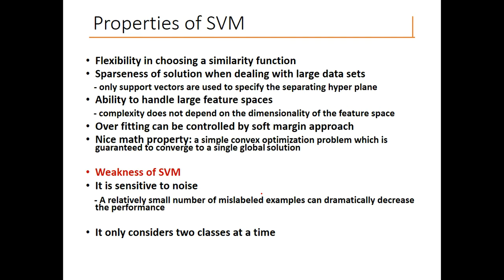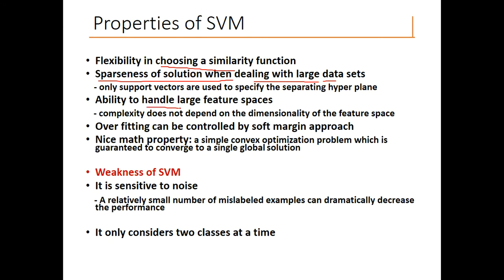There are some properties of SVM. It is very flexible in choosing the similarity function. The solution is sparse when dealing with a large data set, because only the support vectors will participate, and the other data points are simply ignored.